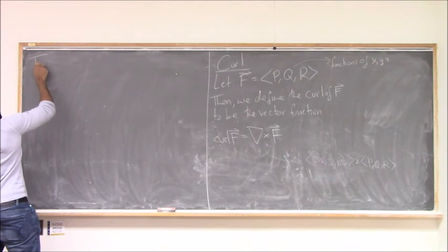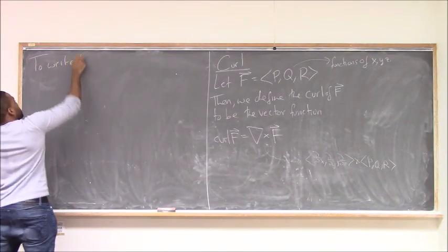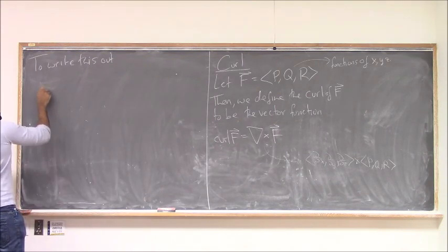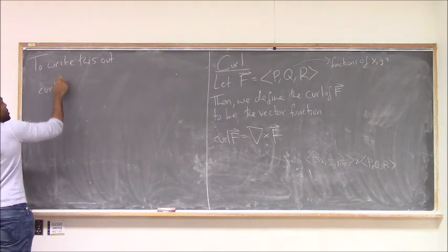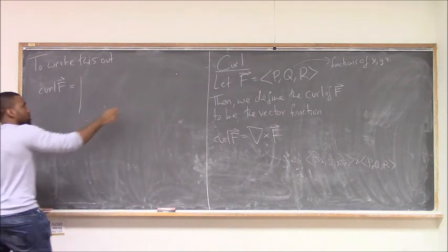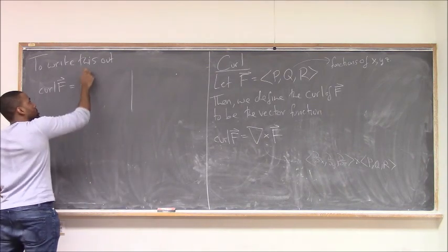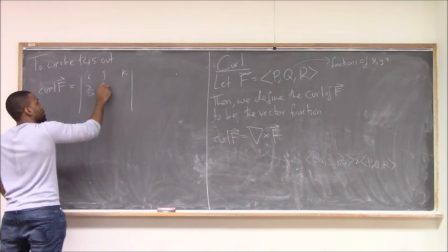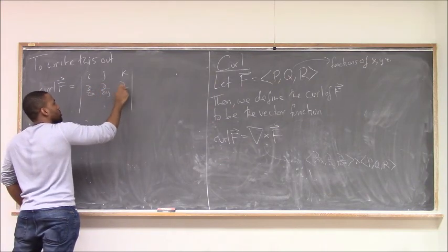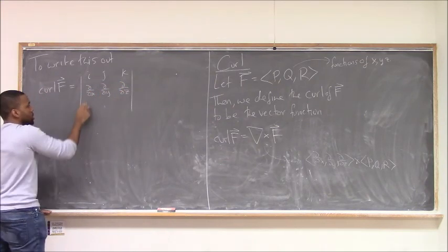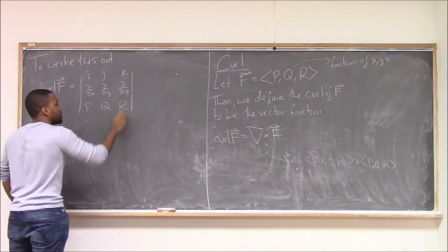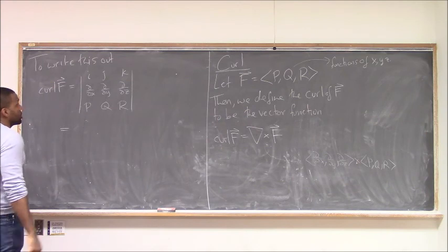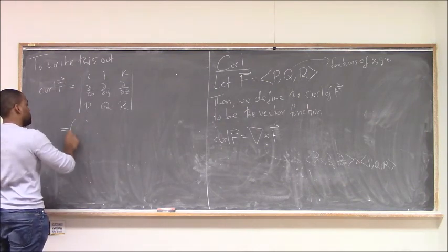To write this out, this means that if I take the curl of F, you remember how to take cross products? Put the i, j, k, you put the partial with respect to x, partial with respect to y. So you put the components of the first vector up here, put the components of the second vector down there, and then you find the determinant. So remember, you start with the i.